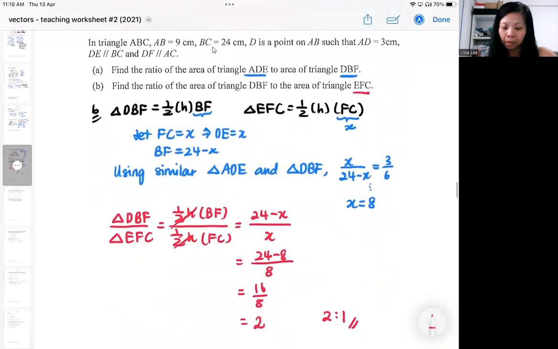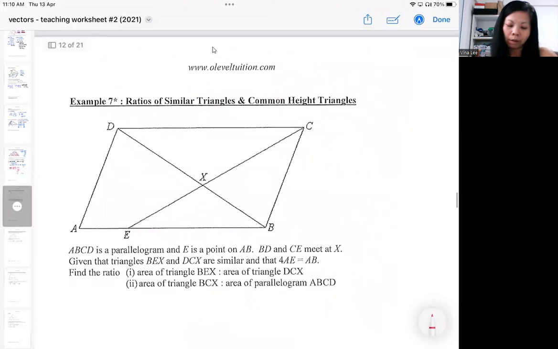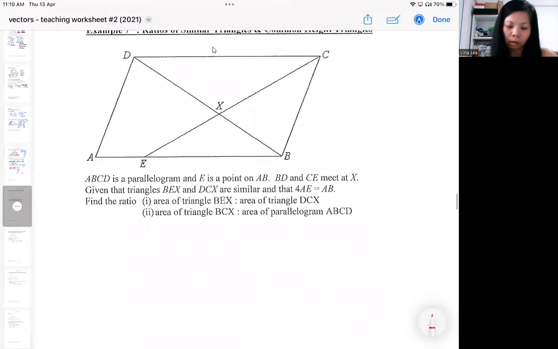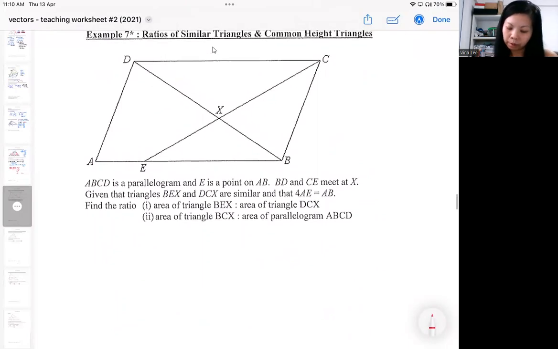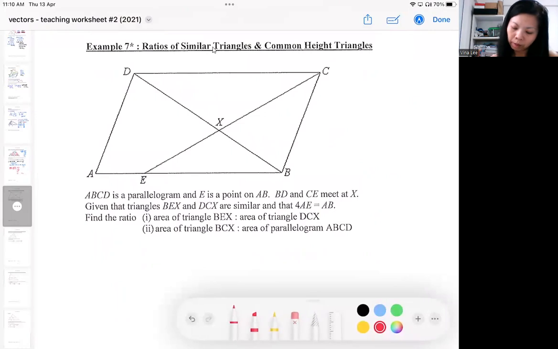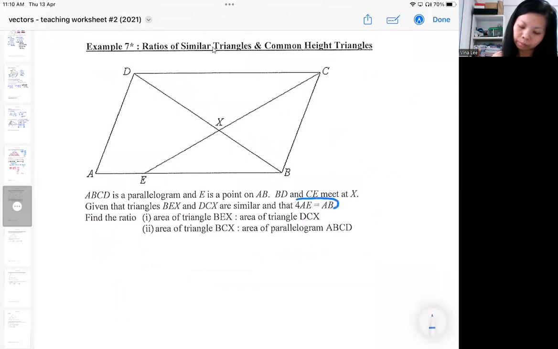Okay. Now, the next one is an O-level question that deals with similar triangles and common height. I'm going to show it to you first. They gave us a ratio, so we need to interpret the ratio first.